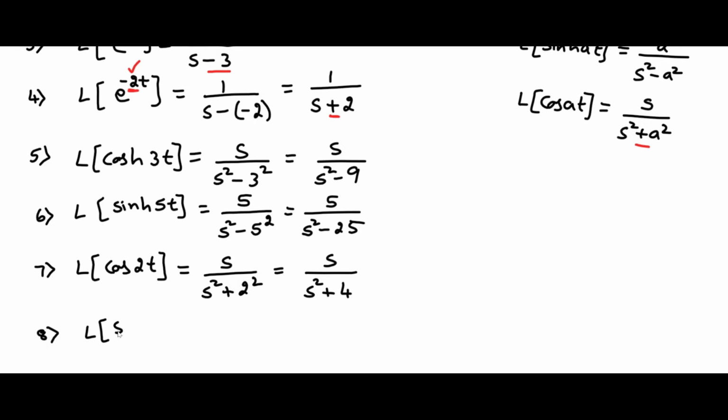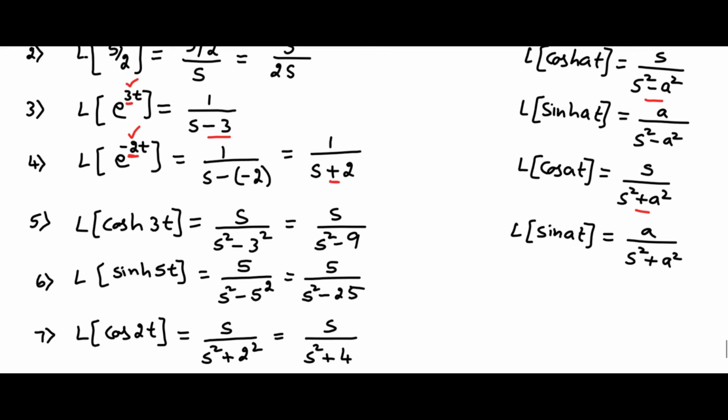Next, Laplace transform of sine of, let me take that as 7t, which will be equal to, the formula for Laplace transform of sine at is nothing but a divided by s square plus a square.